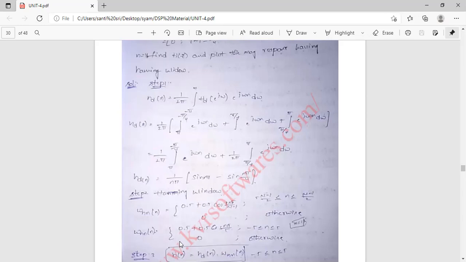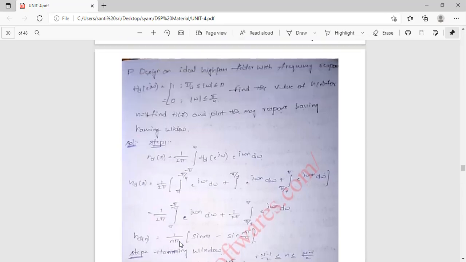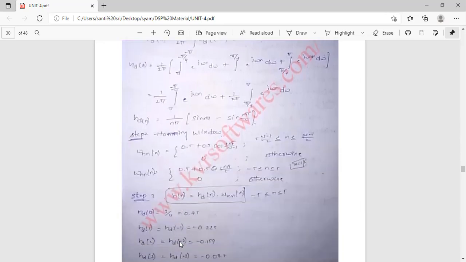Step 2 is the Hanning window. WHN of n is equal to, for a Hanning window, the window sequence WHN of n equal to 0.5 plus 0.5 cos 2 pi n by (N minus 1) from minus (N minus 1) by 2 to (N minus 1) by 2, and 0 otherwise.